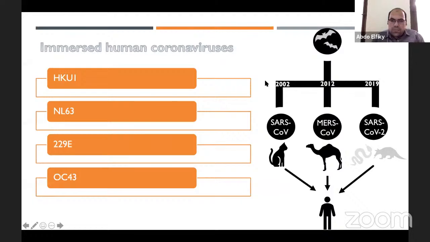The three most important human coronaviruses are SARS-CoV, which mainly affected China and East Asian countries about 20 years ago, in 2002. Then came MERS-CoV, or Middle East Respiratory Syndrome coronavirus, which affected mainly the Middle East region. And now we have the SARS-CoV-2 pandemic that affects the whole world.